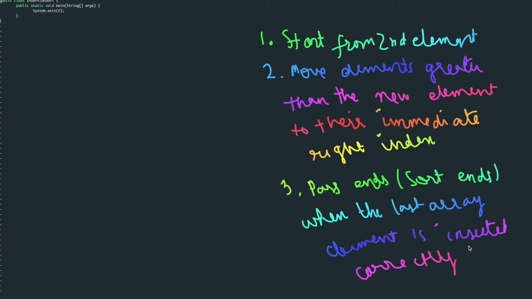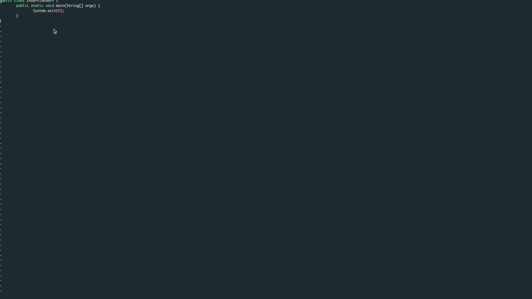Keeping these points in mind, let us try to code. So we are defining a new method which we call insertion sort, and let us keep this method private.